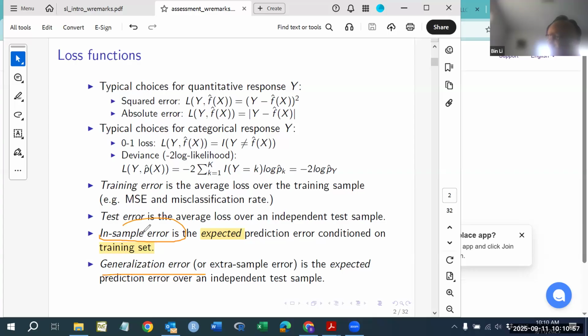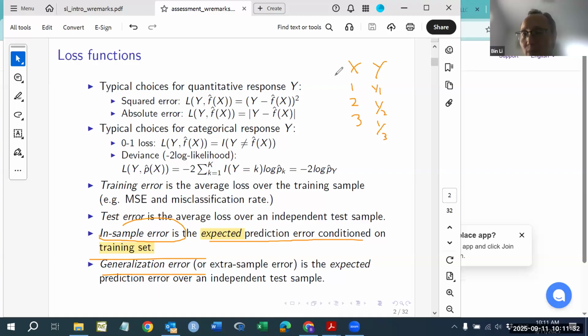So in-sample error is what? It's the expected prediction error conditional on the training set. What does that mean? Suppose, just for the very simple case, we have 3 observations, X and Y. We have X equals 1, 2, and 3, and we have 3 Ys: Y1, Y2, and Y3.